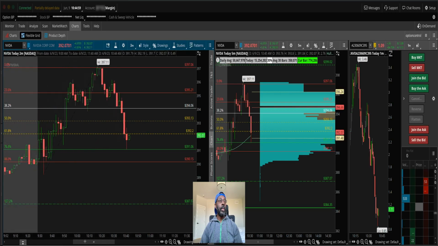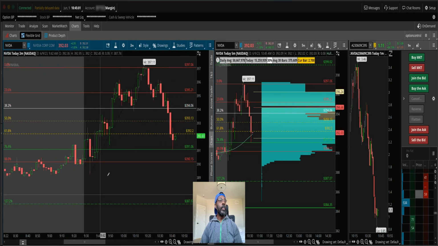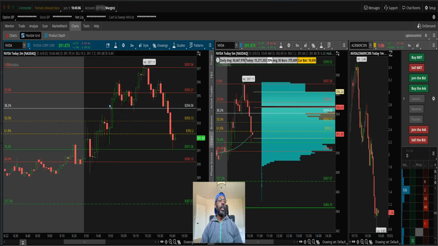So let's look at this. Look at the move. Look at the move where we are back down now. Right? This is Fibonacci retracements.